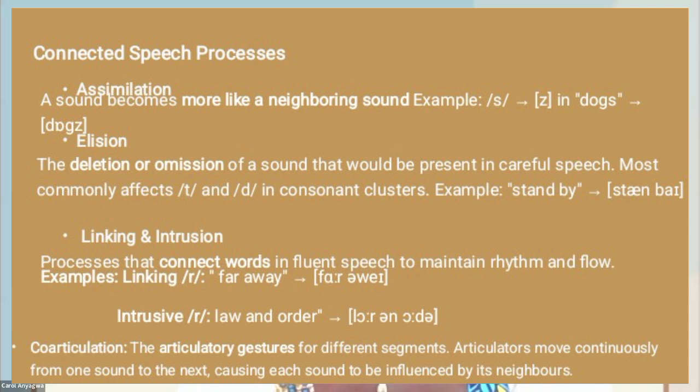Finally, we talk about co-articulation, and these are articulatory gestures for different segments. When you produce sounds individually, every sound has a definite quality. But when you now produce sounds as a string in connected speech, the articulators move smoothly from one sound to the next, and at some point, they cause each sound to be influenced by its neighbors.